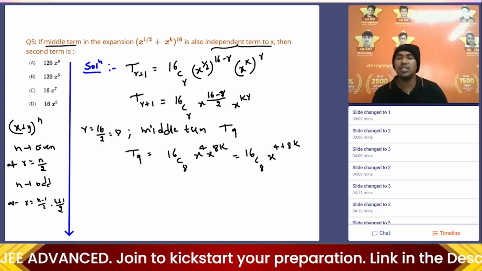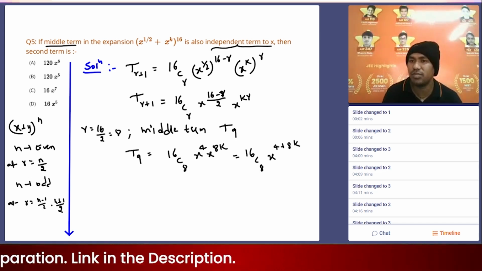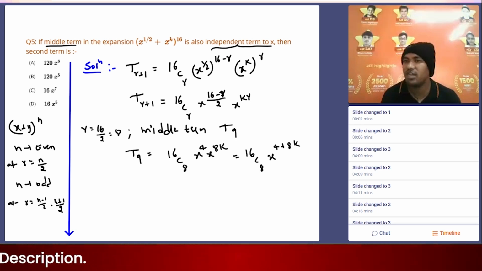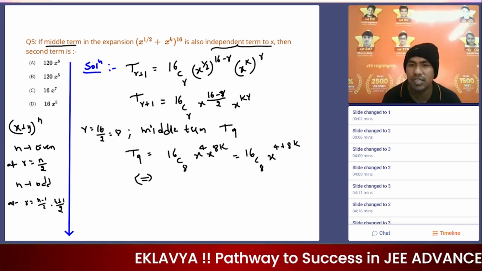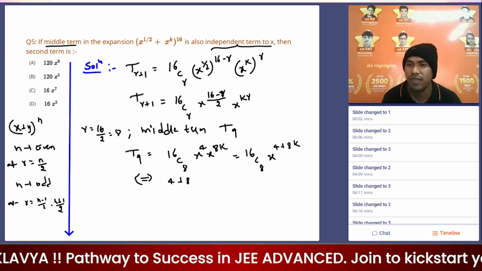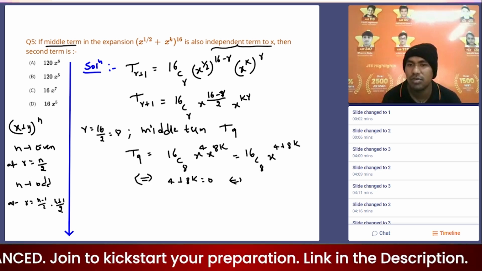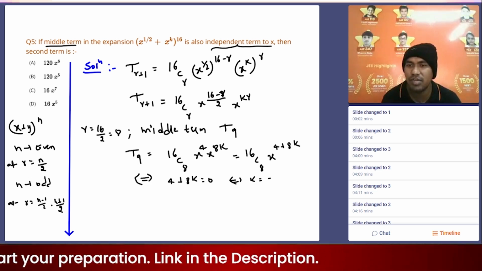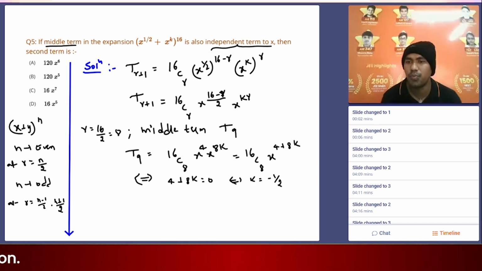Now what they mentioned, our middle term is also independent of x. That means this is our constant term. It becomes constant when the x power becomes 0. So 4 plus 8k has to be equal to 0. From here the k value will be minus 1 by 2.